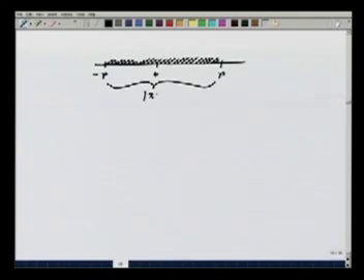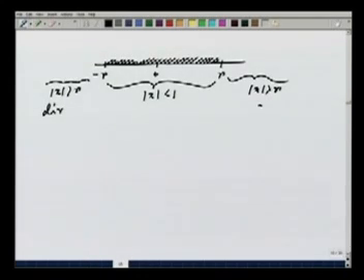This is the region mod x less than r. Outside I have mod x bigger than r. So this is where divergence happens, here convergence.